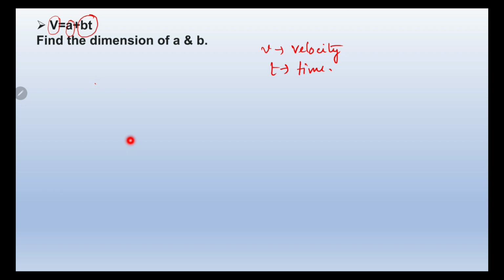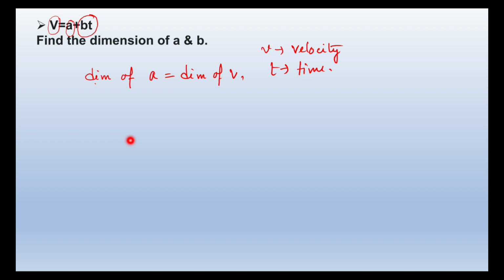So the dimension of a should be equal to the dimension of v, as we cannot add or subtract any two parameters which have different dimensions.